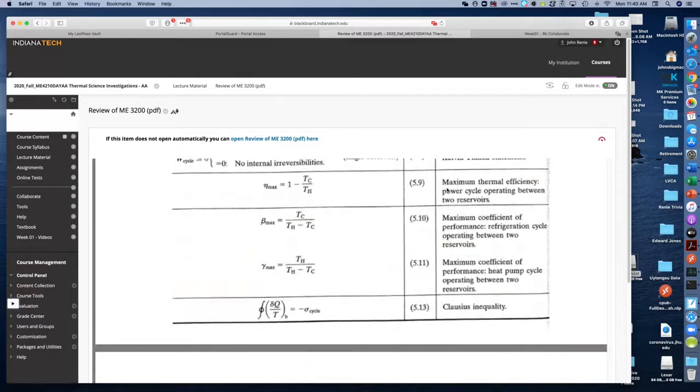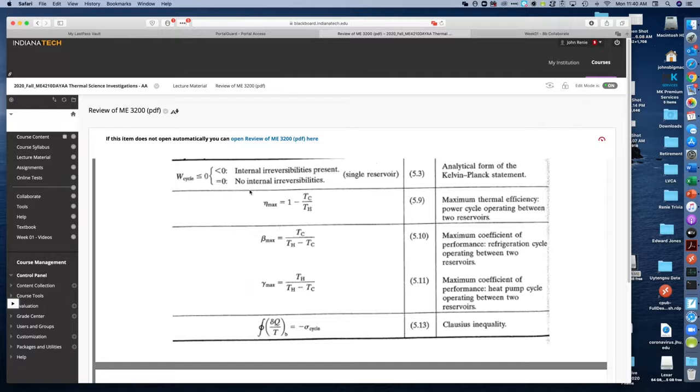When we talk about power cycles, we can define the efficiency of a power cycle. The maximum thermodynamic efficiency of a power cycle operates between two temperature reservoirs, where energy is being supplied to the cycle and away from the cycle. So if you have a power cycle operating between a high temperature and a low temperature, the high temperature is where the heat is coming in, and the low temperature is where heat is being rejected.